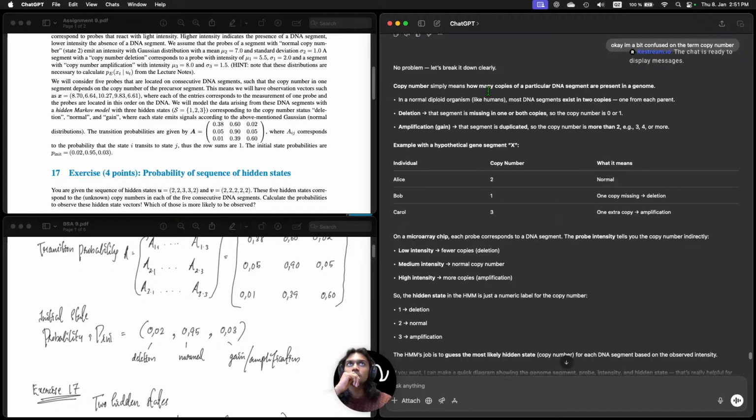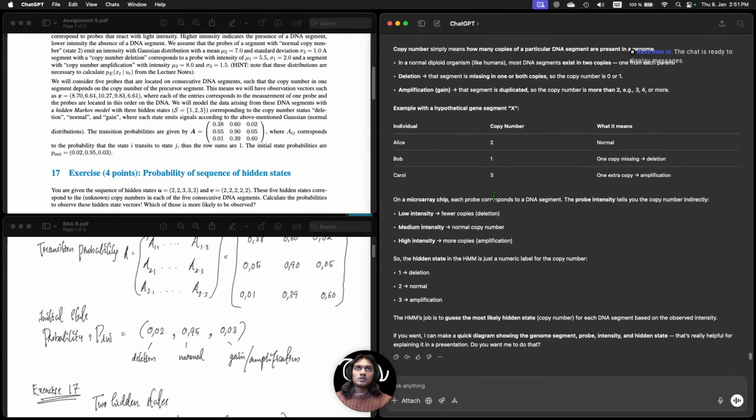So the hidden states of the HMM are just numeric labels for the copy number. The HMM's job is to guess the most likely hidden state for each DNA segment based on the observed intensity.